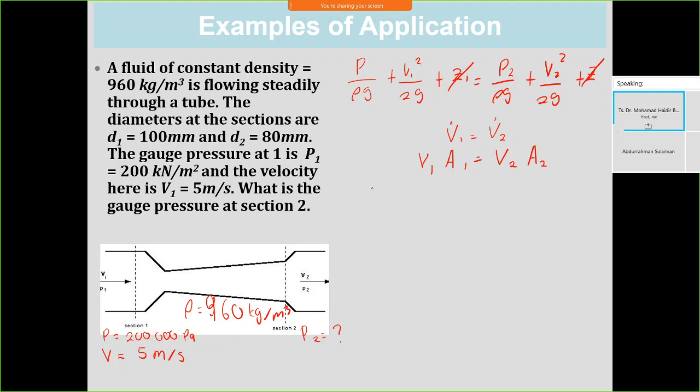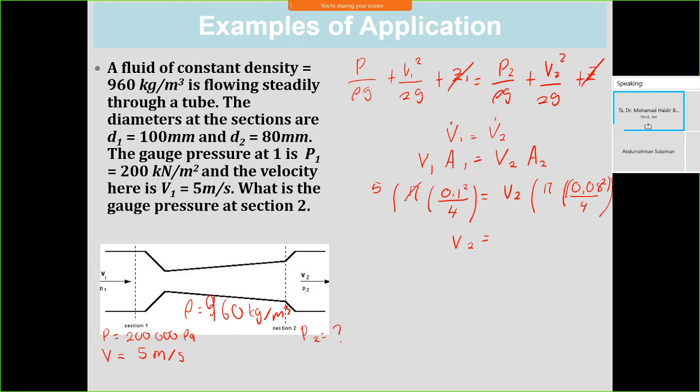Velocity at point 1 is 5 meter per second, and the area is pi times 0.1 square over 4, equal to V2, what we're searching for now, times the area at point 2, which is pi times 0.08 square over 4. Okay, you can calculate V2. How much is V2?